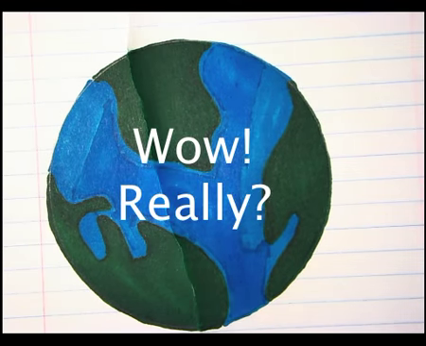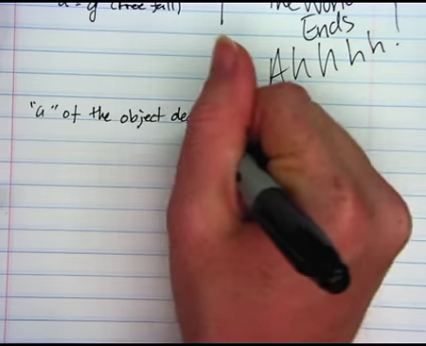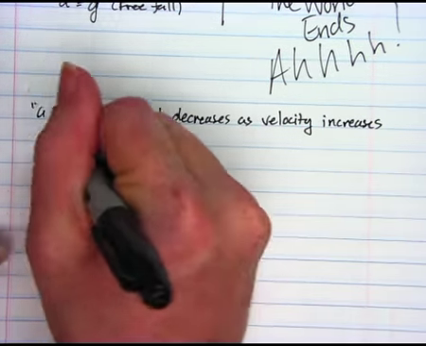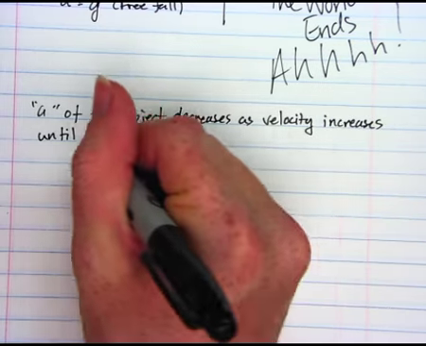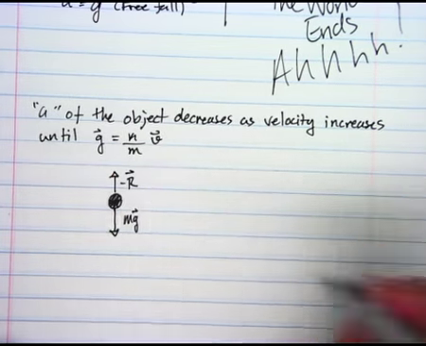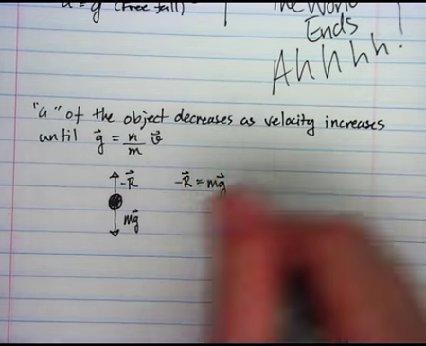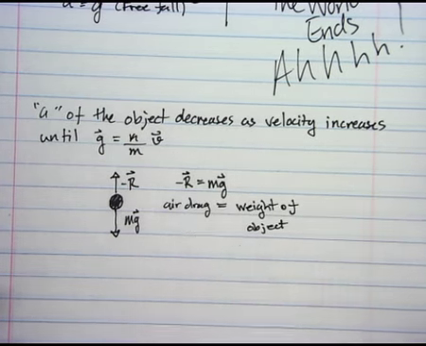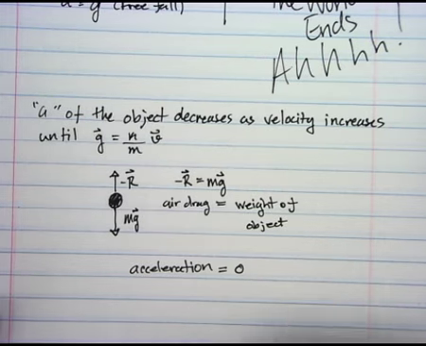As the acceleration of the object decreases and the velocity increases, air drag is going to equal the weight of the object, and so we're going to end up with zero acceleration.